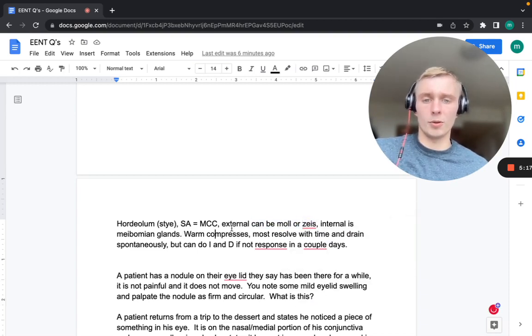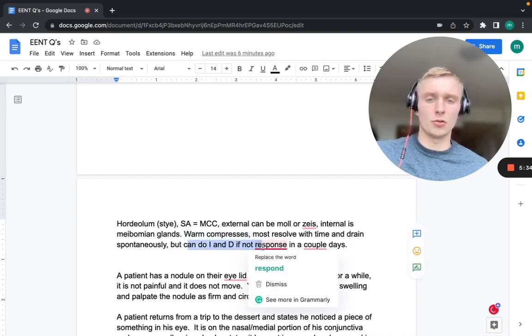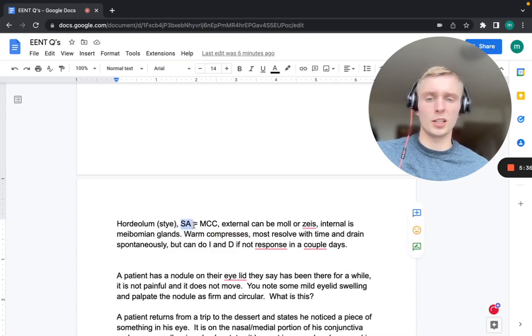You can do warm compresses for this, and most resolve within a few days. But if it doesn't resolve in a few days spontaneously, you can do incision and drainage, if not responding. So first, warm compresses, start conservatively. But again, if it doesn't resolve in a few days, incision and drainage. And again, this is most commonly caused by Staph aureus.